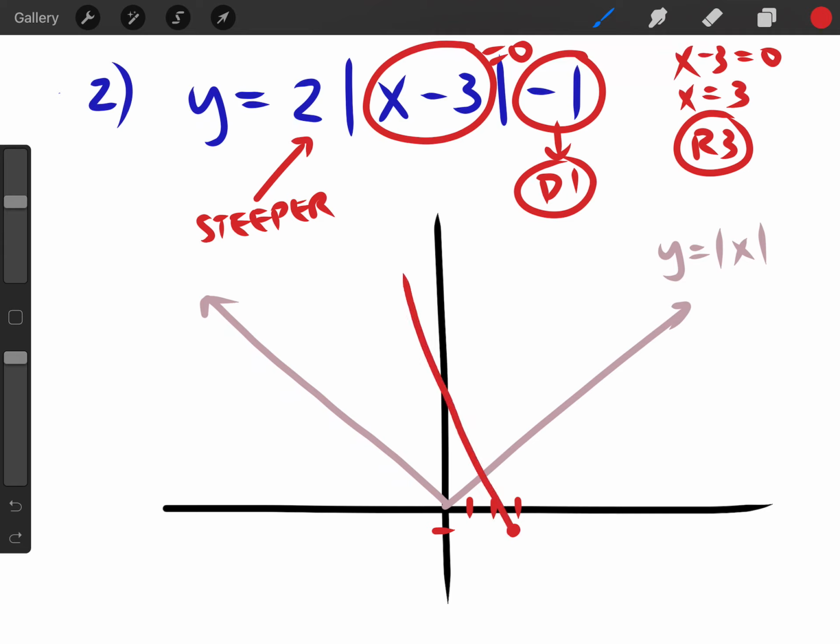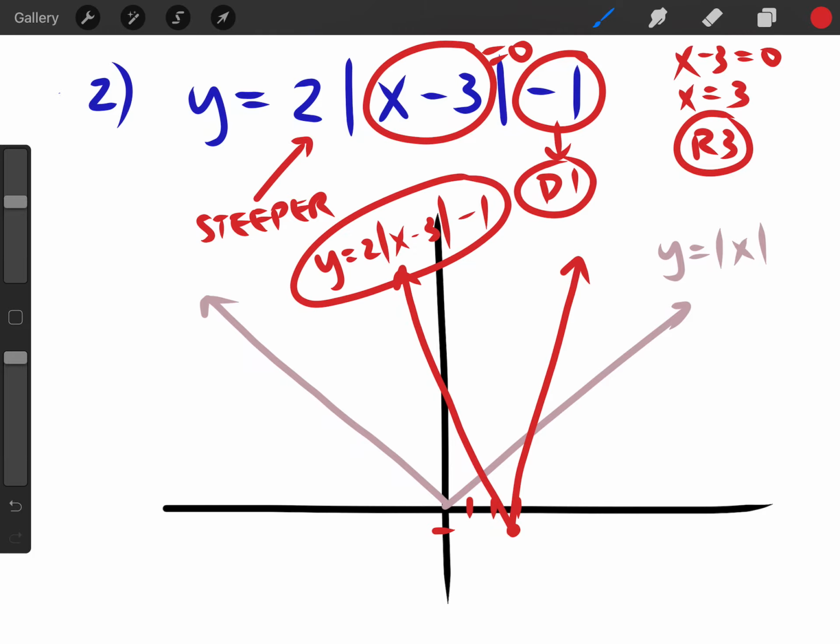V shape like this. I'm not doing it so perfectly because I'm doing it on the iPad. So this is going to be your answer: y equals 2 absolute value of x minus 3, minus 1. That's your answer right here.